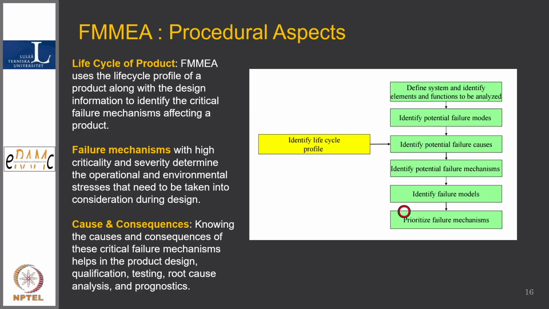And when it comes to material characterization, separate tests have to be done, going not only up to the grain boundary but even beyond that, to see how over a period of time the material structure changes. That is how we come to a model, and then prioritize the failure mechanism.